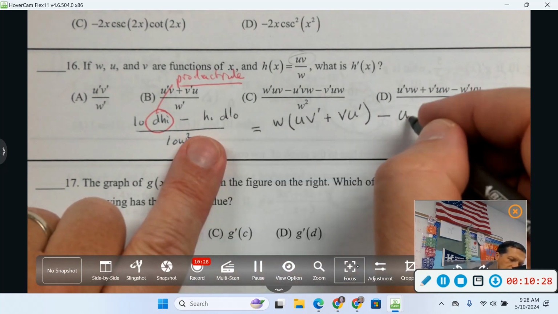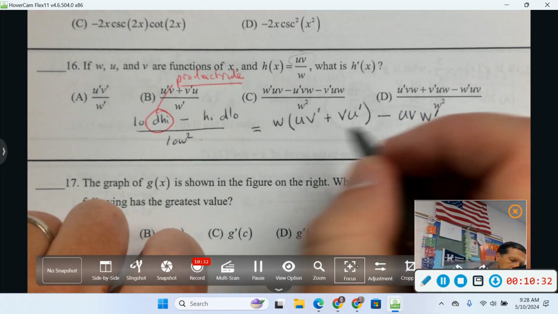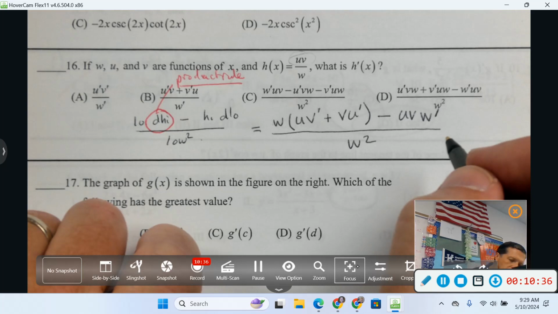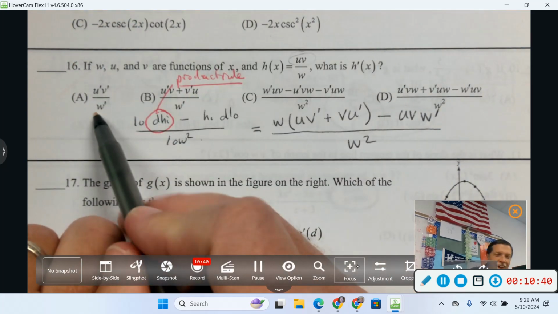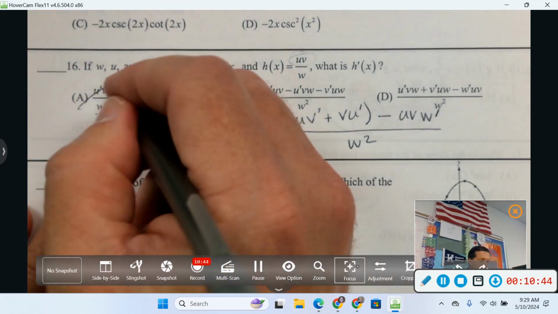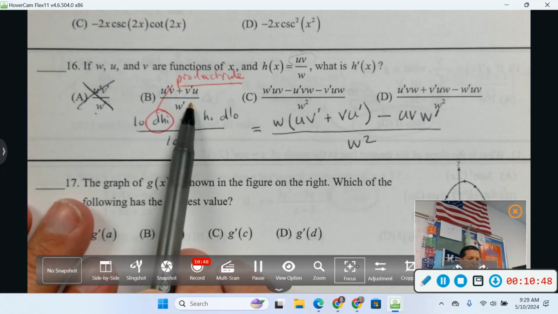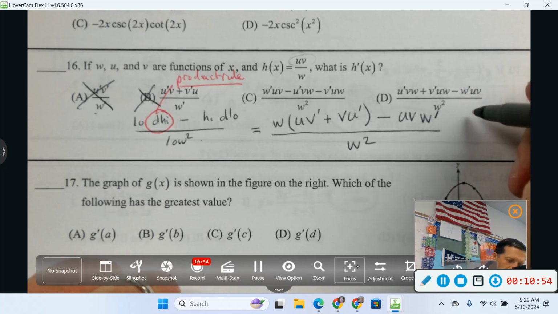High is UV, d low is W prime, all over W squared. Okay, well A and B are out. Oh, A is especially out. Don't you wish it was that easy? You could just take the derivative of each of the pieces. That's not it. B, I don't know what they did. They did product rule on the top, but then just took the derivative of the bottom, but that's not right. So I got to figure out between C and D.